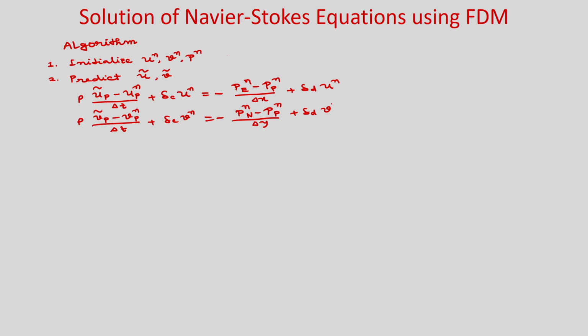If you solve these equations, you get u tilde and v tilde, which are the provisional velocities. Once you know the provisional velocities, now update the boundary conditions. If it is Dirichlet type boundary conditions, it will not matter, but if you have some Neumann type boundary condition, it is better to update the boundary values.